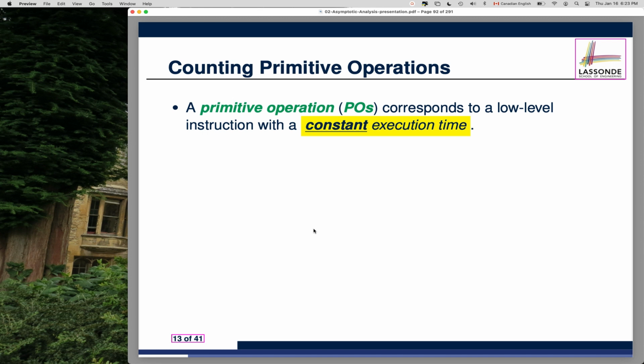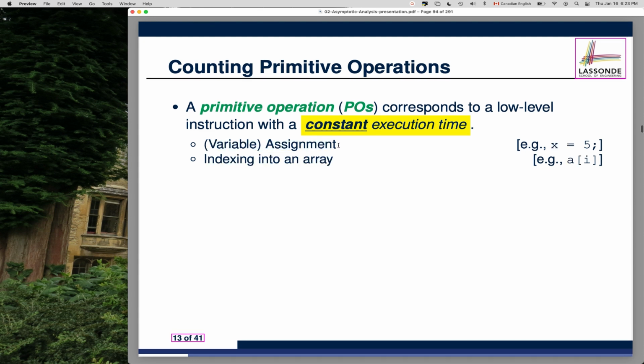All right, let's now go through some list. So variable assignments will be a primitive operation. You basically just want to go to some memory location and update it with some value. So whenever you see some variable assignment, it's going to be a primitive operation. And also, if you want to index into an array, let's say, given an array, I want to go to index i.